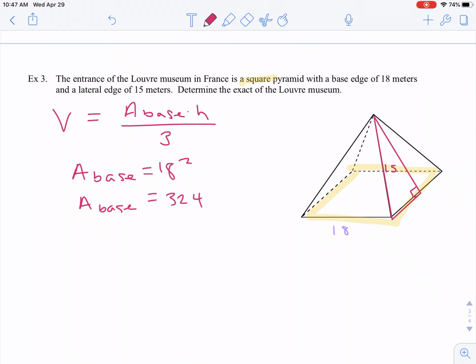Okay. Do I know any other information about that triangle? Well, I do know that this would be half the side of the square. So this would have to be half of 18, which is 9. So one thing I might notice is, oh, okay, well, 9 something 15, that's actually a triple, right? It's the 3, 4, 5 triple, but multiplied by 3. So that makes the slant height 12.